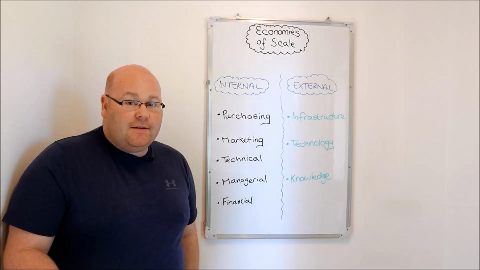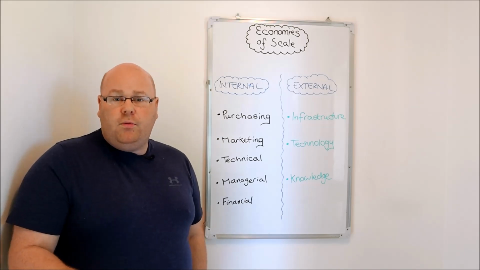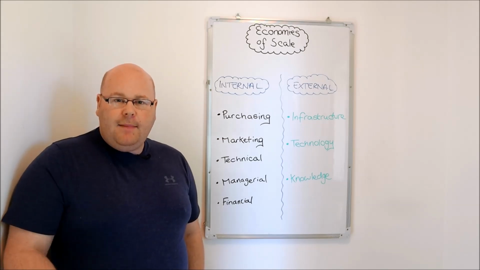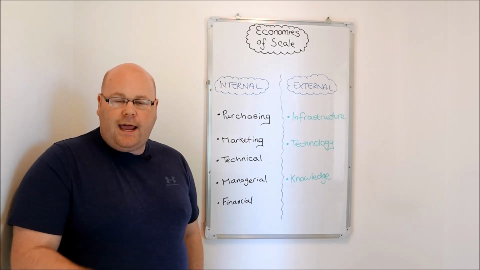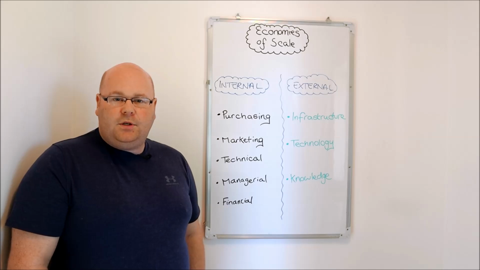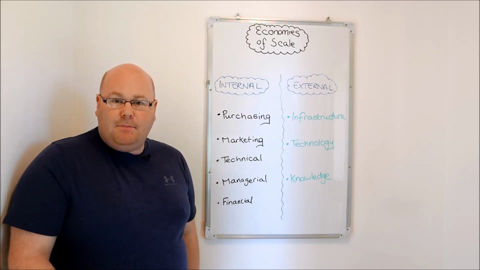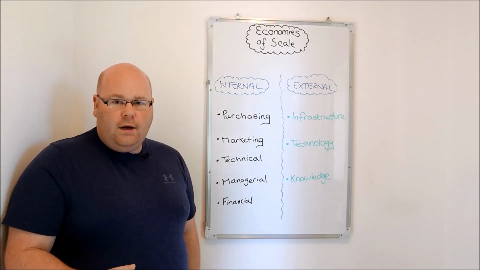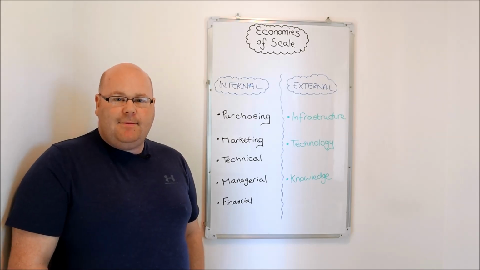The final external economy of scale could be to do with knowledge. And because a group or an industry might all be clustered in a certain geographic location, they may benefit from the knowledge that such a cluster of expertise helps to foster. So if you look at the car industry in the West Midlands in the United Kingdom, lots of firms all in the same industry are geographically located in that same area.